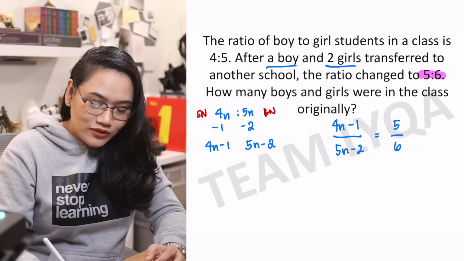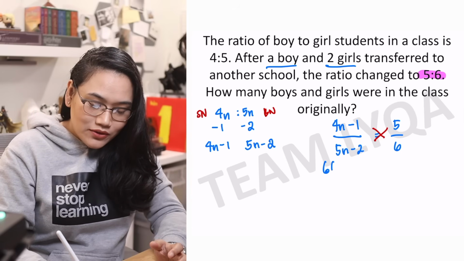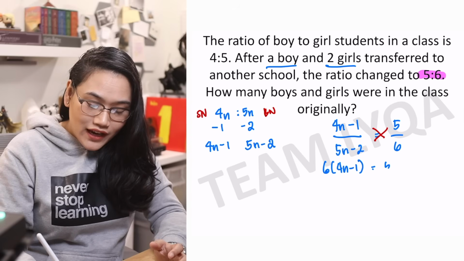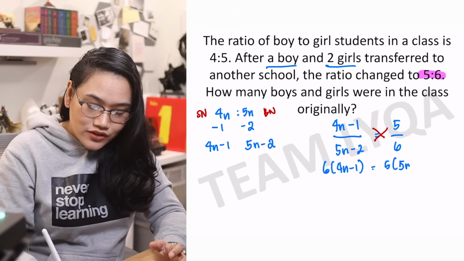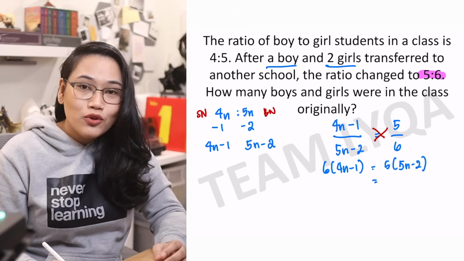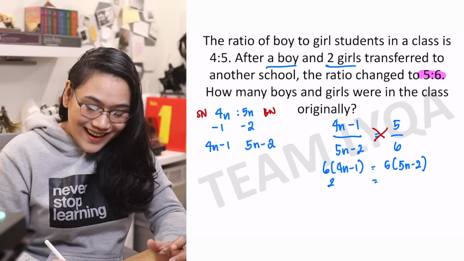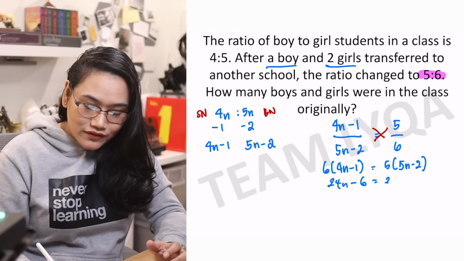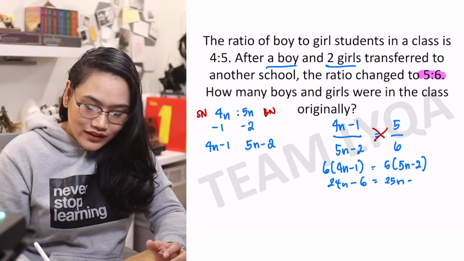Cross multiplication. Left side is 6 times the quantity 4n minus 1 equal to 5 times the quantity 5n minus 2. I-distribute natin yung nasa labas. 6 times 4 is 24n minus 6. Here you have 25n minus 10.